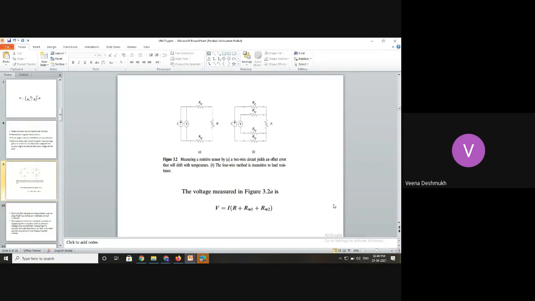Plus, whatever resistors are available with us, especially the metal or alloys or semiconducting type or the thermistors, all of them put together, we can use them over a wide range of applications.